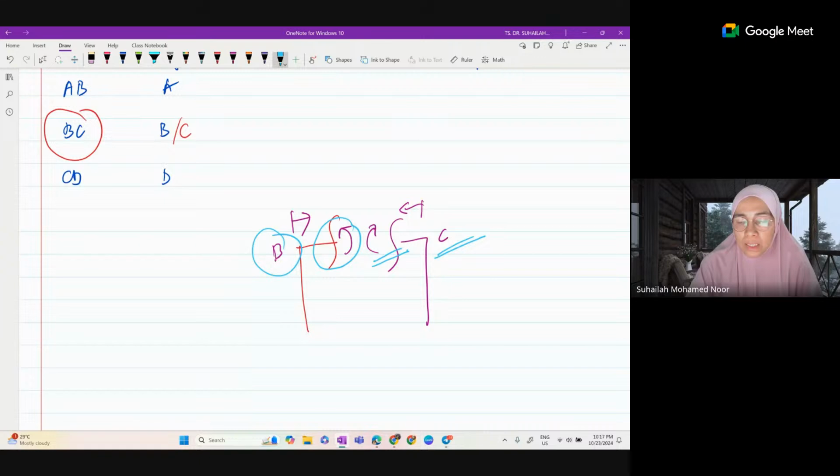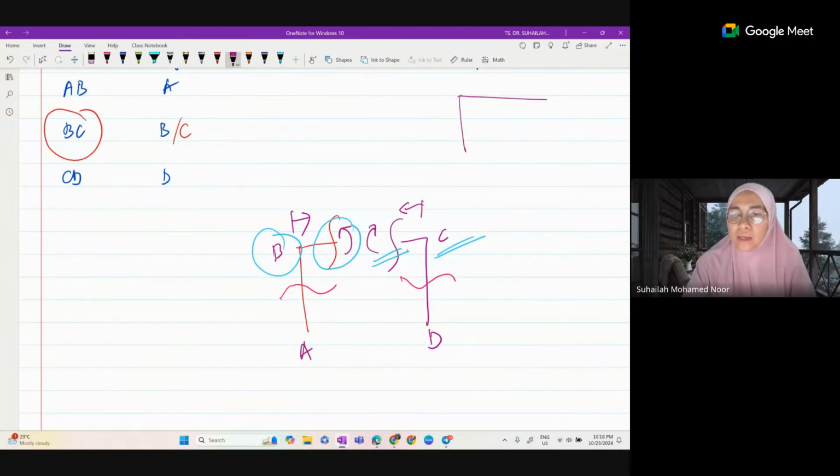Same goes to column. For column AB and column CD, okay, this is A, this is D. Okay, for AB, origin A, tu from left, A pun left, sama macam D, A left side, D right side.